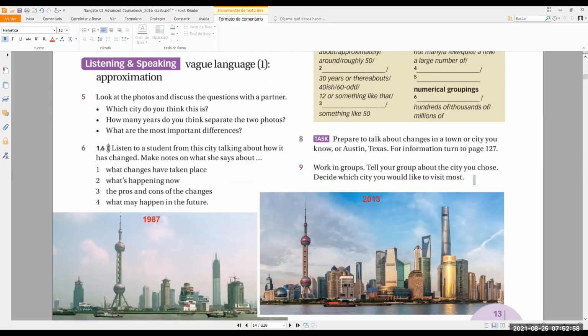The third question, guys, about the pros and the cons of those changes. What do they say about pros? Let's start talking about pros. What did they mention about the good aspects of that? I think that one of the pros was that they now have a greener ring surrounding the important places of pollution.